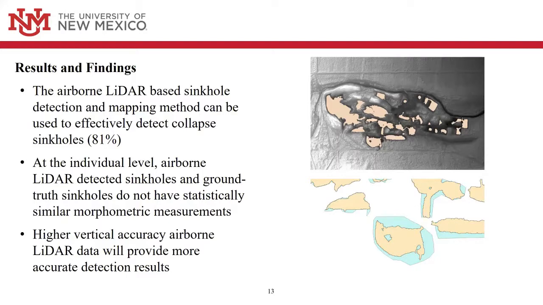As you can see, they all kind of match in location, but the morphometric measurements are off a little bit. After further investigation, we found this is limited by the resolution of the LiDAR, because the LiDAR we are using is quality level 2. It has a vertical accuracy of about 1 foot. So with higher vertical accuracy airborne LiDAR, we believe it will provide more accurate detection results.